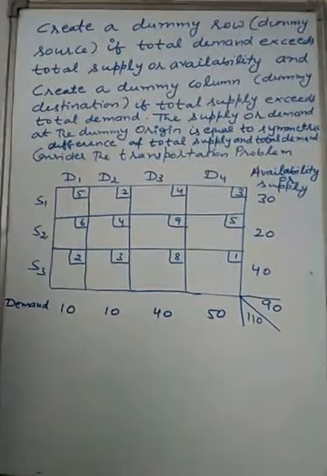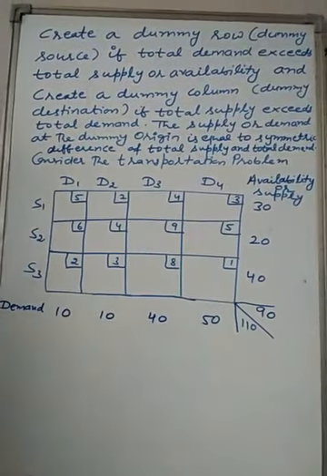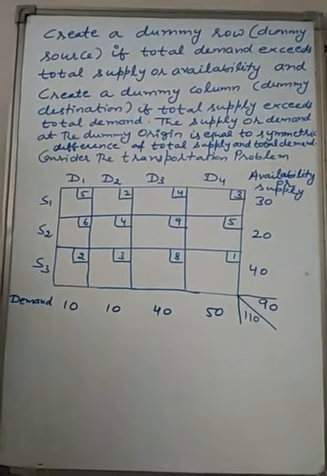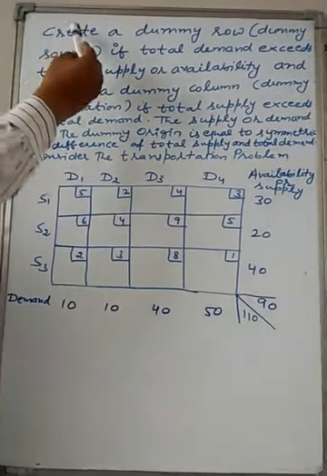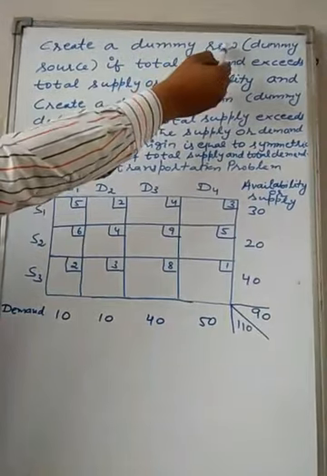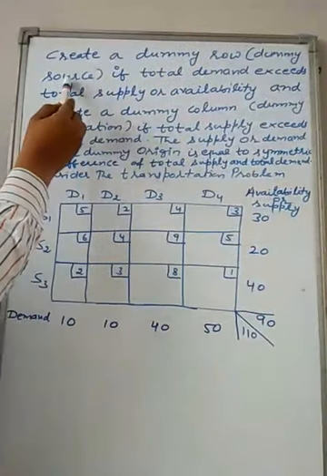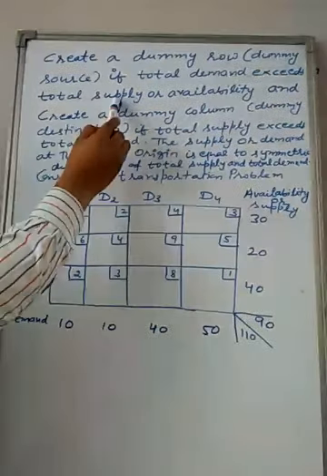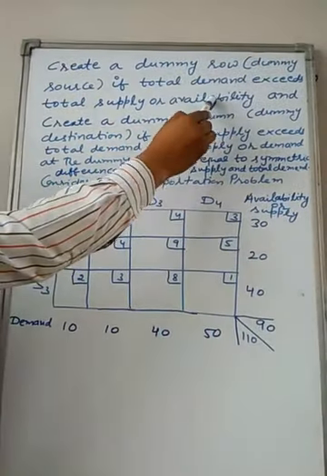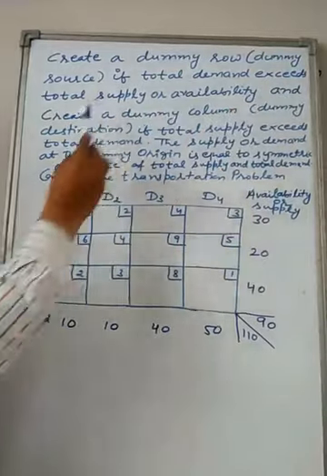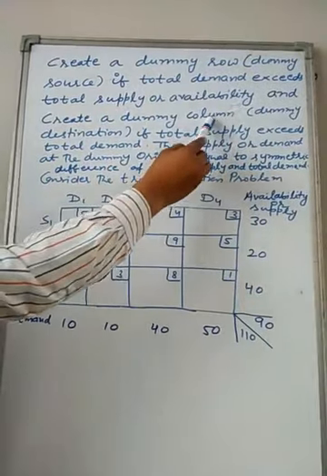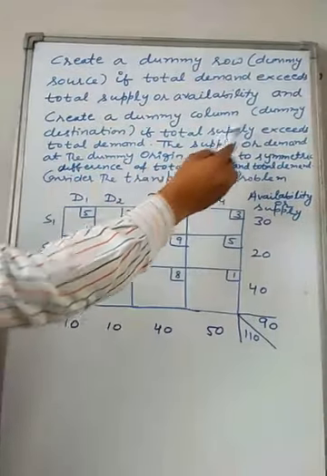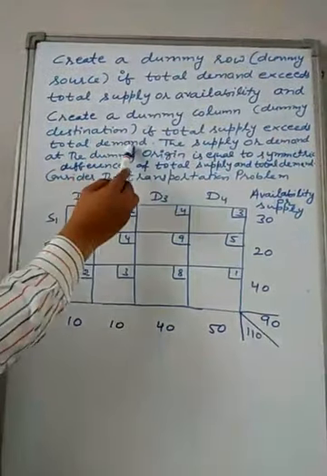Now I am going to discuss how to change an unbalanced transportation problem to a balanced one. For this, create a dummy row or dummy source if total demand exceeds total supply, or we call it total availability, and create a dummy column or dummy destination if total supply exceeds total demand.